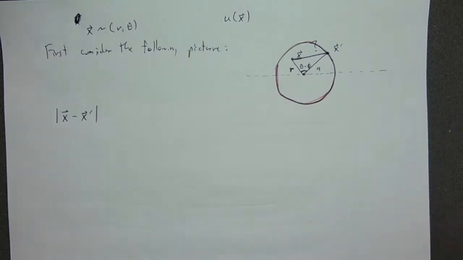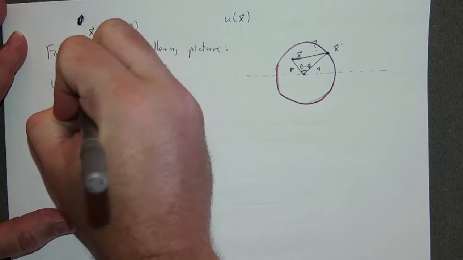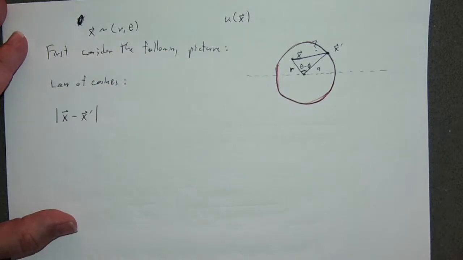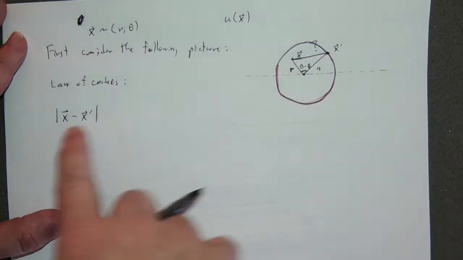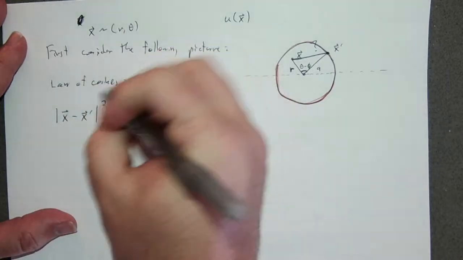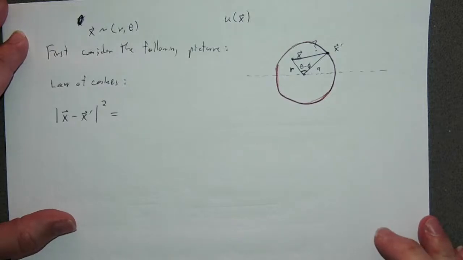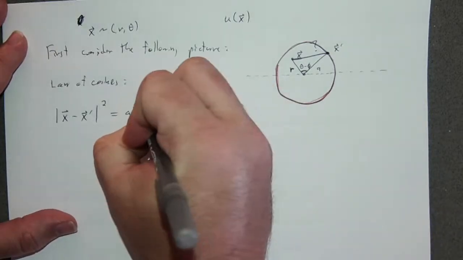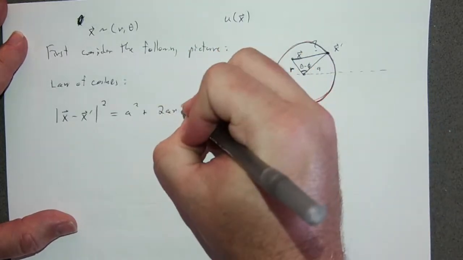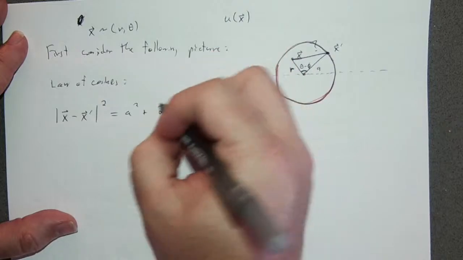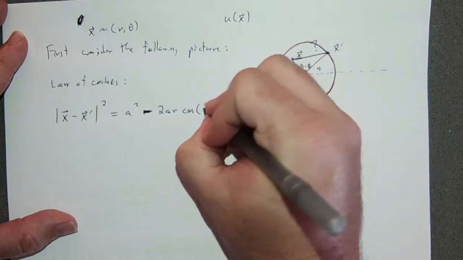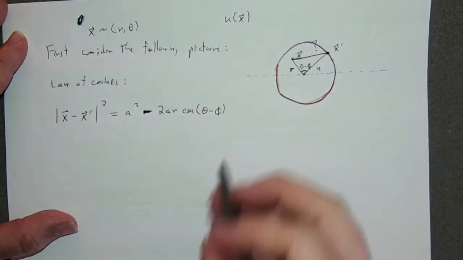And so, by the law of cosines, remember that from high school, this side length, which is the length of vector x minus x prime, this side length squared is equal to what? A squared minus 2ar cosine of theta minus phi plus r squared.